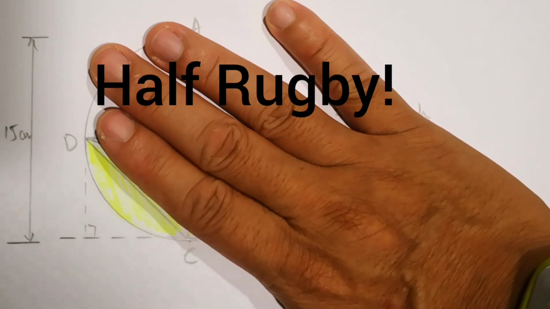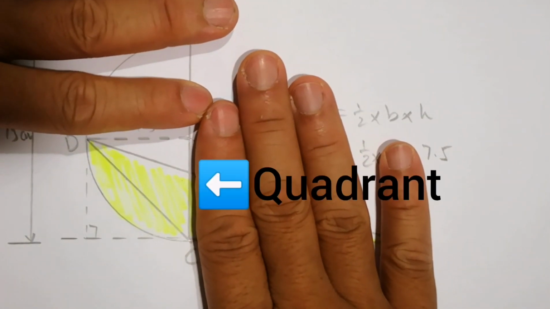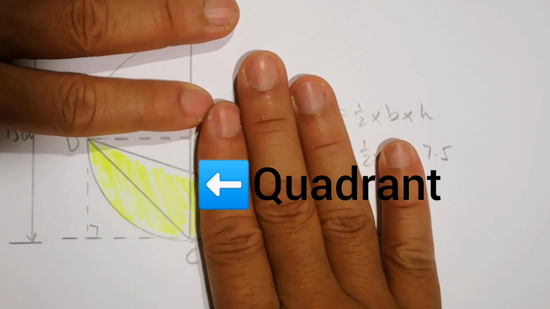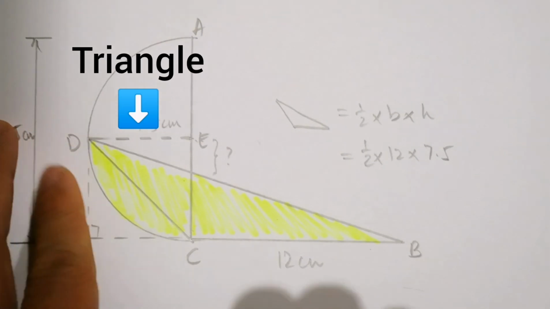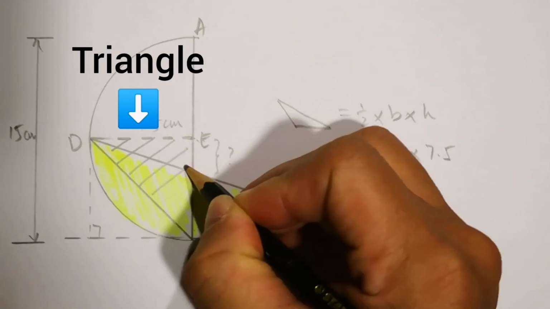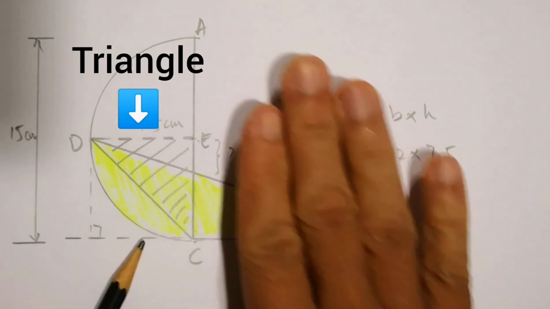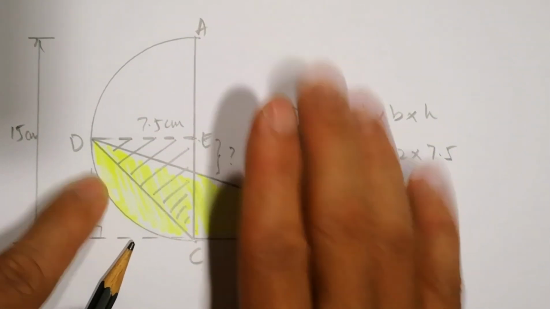So in order to find the area of the half rugby, focus over here, we have our quadrant minus away this triangle here that I'm shading over here, and then we get our half rugby.